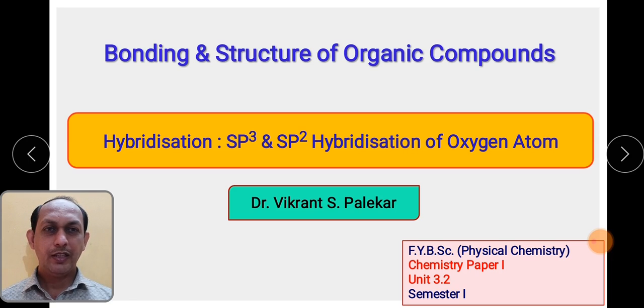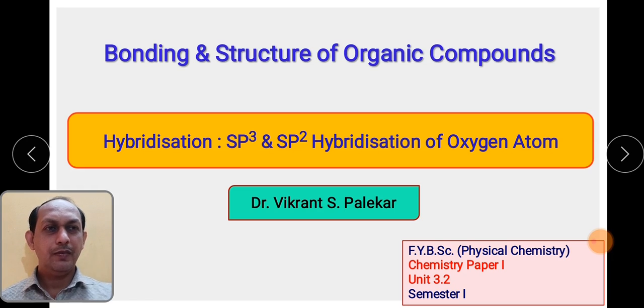In the case of sp2 hybridization, it is the mixing of one s and two p orbitals to form new orbitals of equivalent energy, oriented in a trigonal arrangement with a bond angle of around 120 degrees.